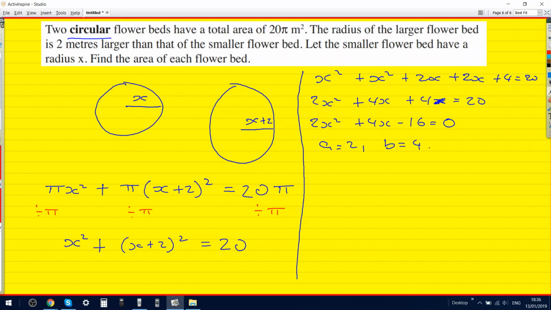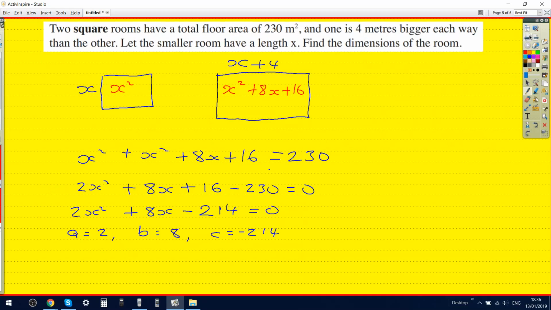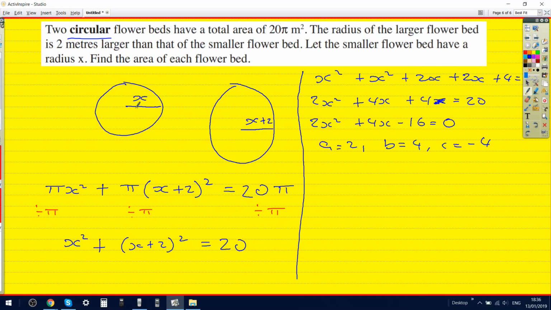Yeah. Exactly. Perfect. Yeah, so for this one, instead of it being 2 square rooms with side x and x plus 4, it was 2 circular rooms with radius x and radius x plus 2. But it's the exact same idea. So pi r squared is pi x squared. Pi r squared for this one is pi times x plus 2 squared.